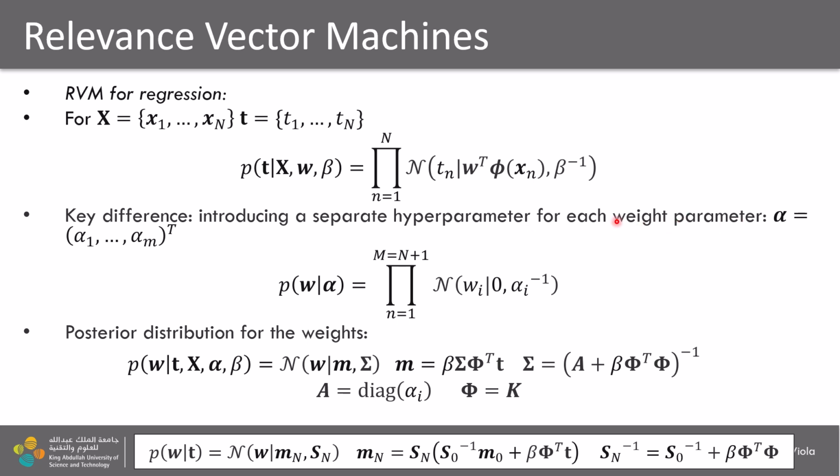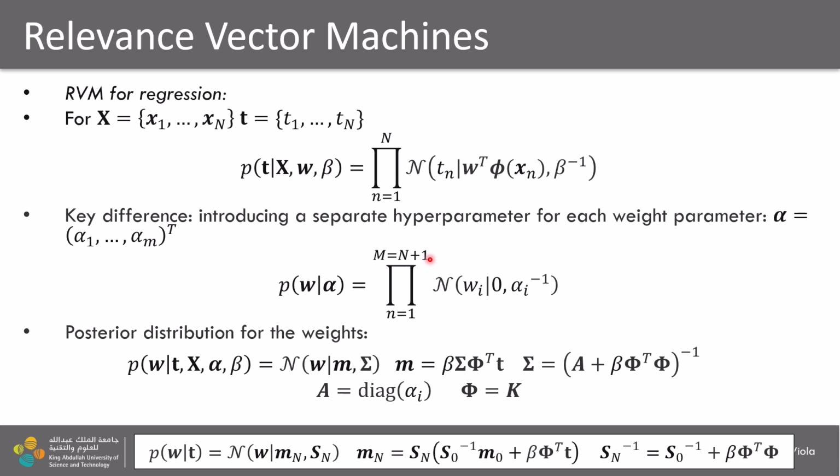So the alpha vector goes from alpha_1 to alpha_M, because we will now have M total products of single variate Gaussians in our multivariate Gaussian distribution for the prior for the weights.